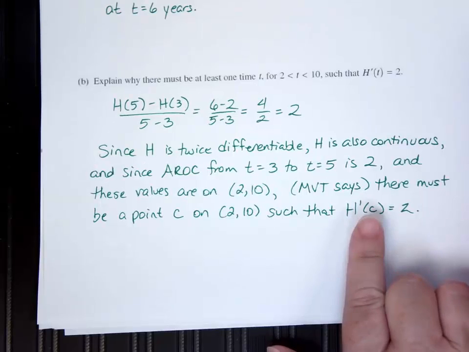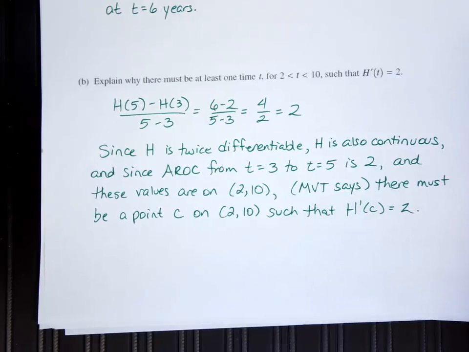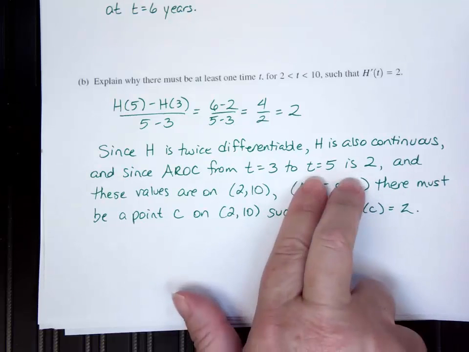Now notice that I put MVT says in parentheses. The graders in years past have said you do not have to give the name of the theorem specifically. If you can state the theorem without giving its name, you can still get full credit. But if you accidentally call it the wrong theorem, you will not get the points for it. So you could theoretically leave those 2 words out and get full credit for this problem.